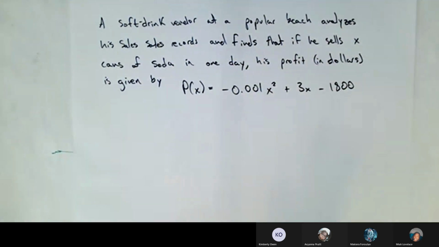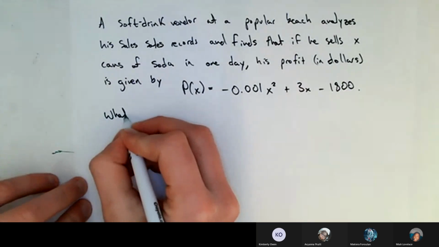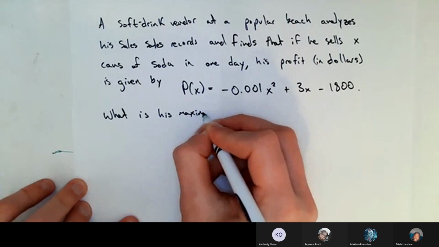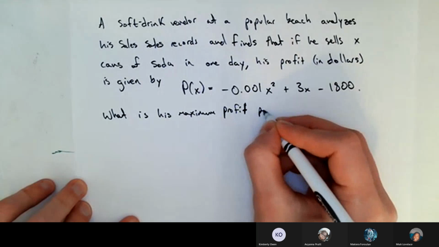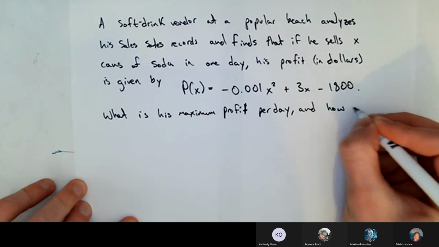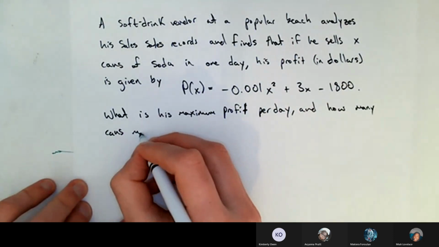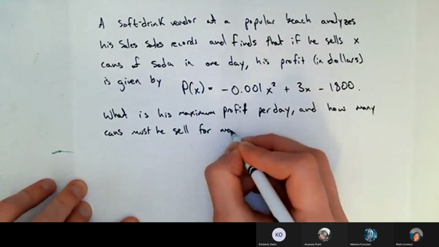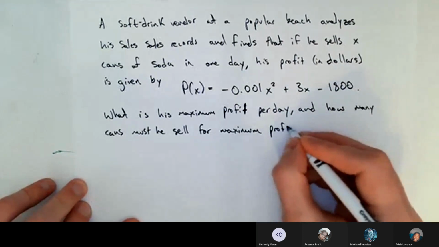Now, let me ask the question, and then I'm going to talk about this a bit. What is his maximum profit per day? And how many cans must he sell to make that maximum profit?